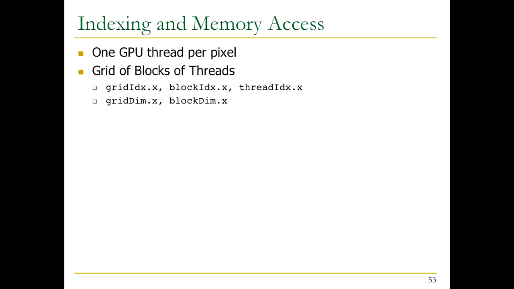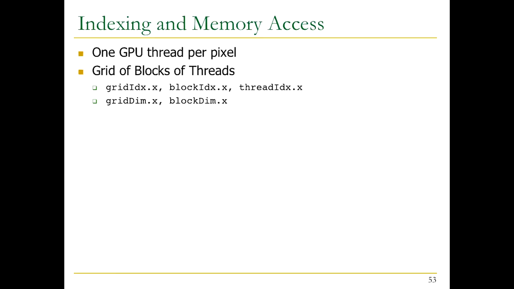Remember that we have a grid, and this grid is composed of several blocks, and in each block we have a certain number of threads. So there are some predefined built-in variables that are the grid dimension and the block dimension.